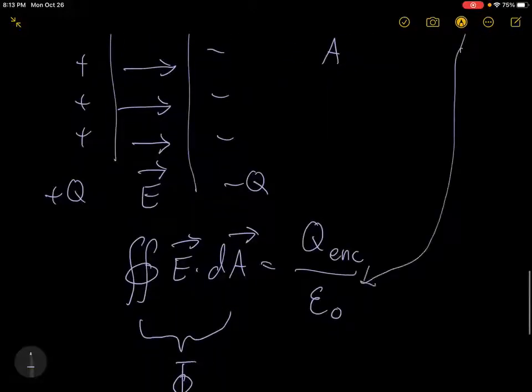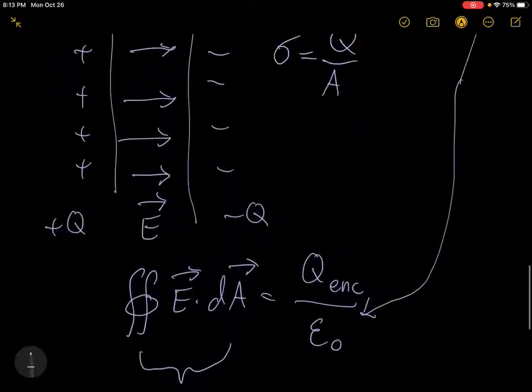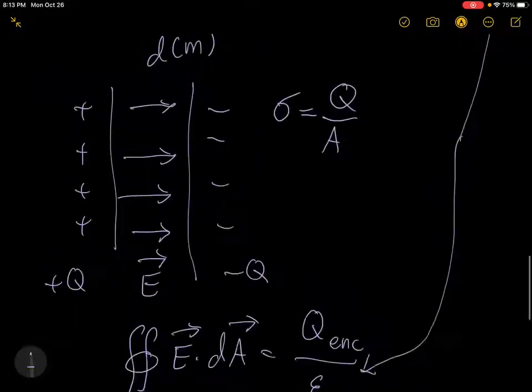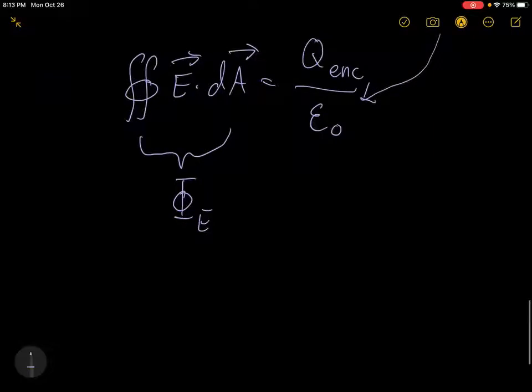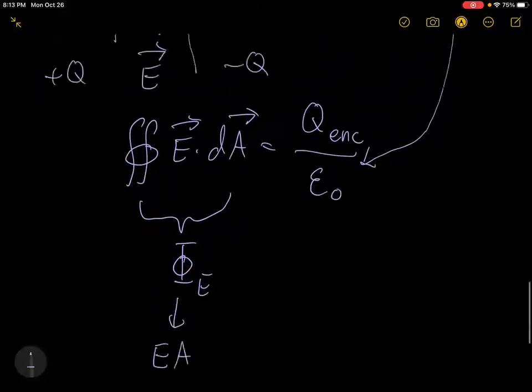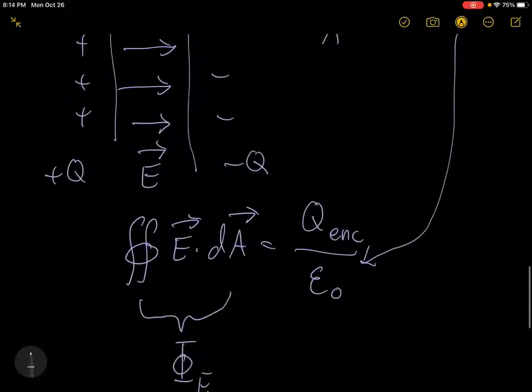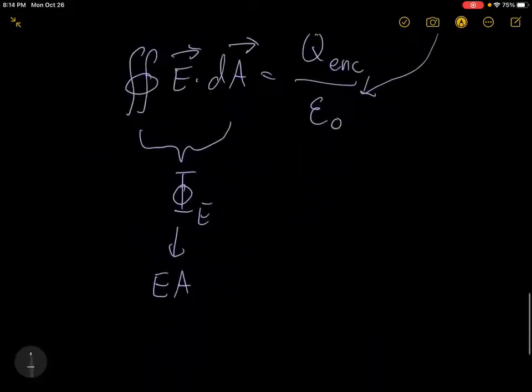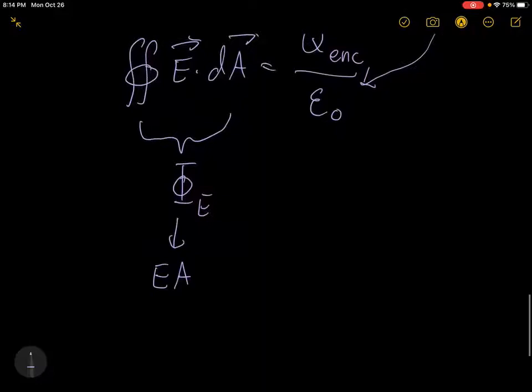Because this is a relatively simple surface, we can simplify this integral to just equal EA, since the field vectors are perpendicular to the surface, so we can ignore the dot product. And then we can once again set this as equal to Q over epsilon naught.